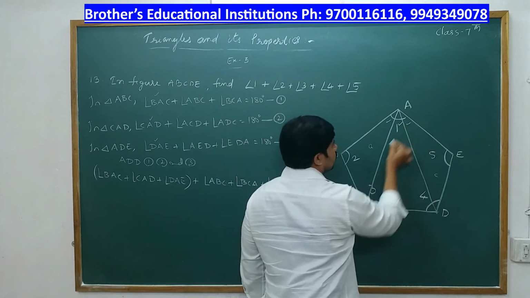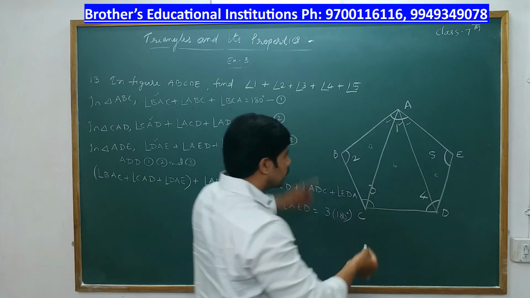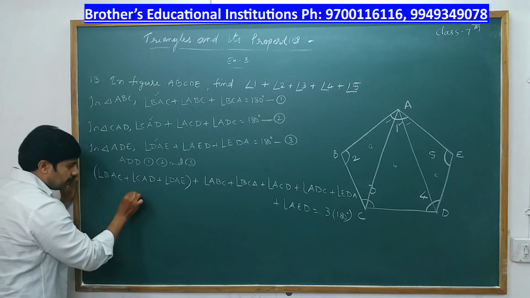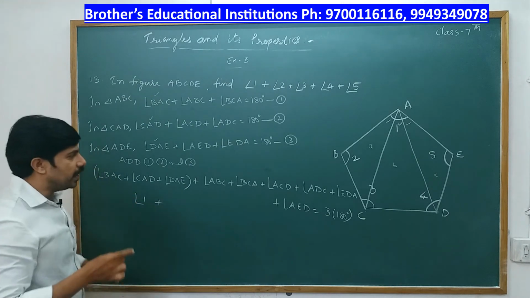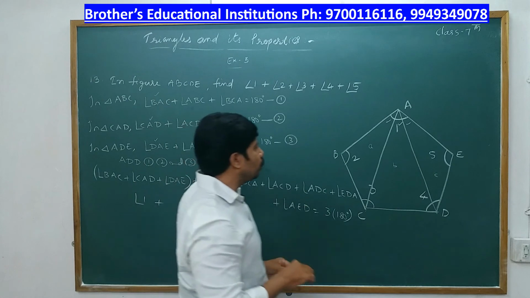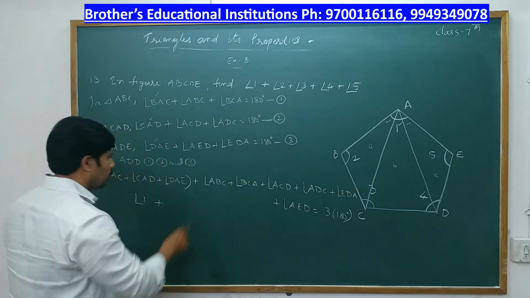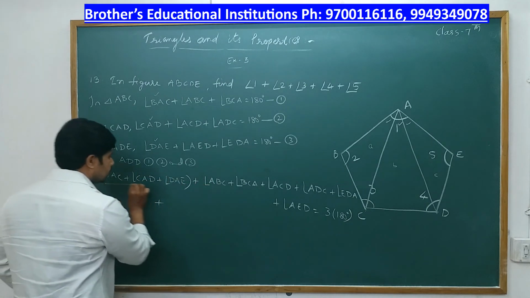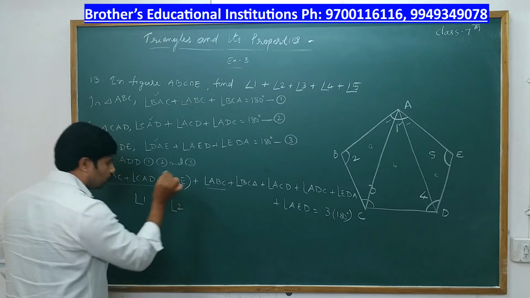Now see, this is BAC, this is CAD, and the third one is DAE. When we add all the 3, we get a complete angle called angle A. That complete angle A is 1. Just write 1 plus. Now the next thing is we need to find 2. What is 2? It is simply angle B. So already we have angle B, so this is completed.